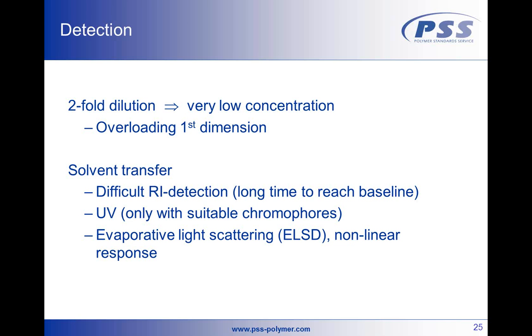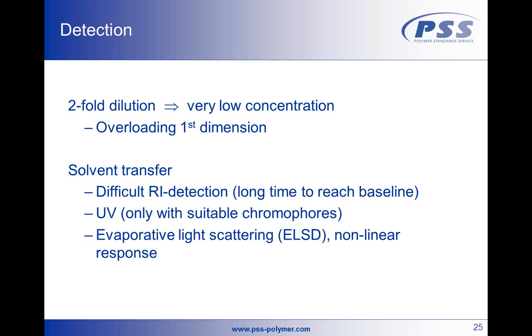And another point is solvent transfer. Regarding useful detection, it is very difficult to use, for example, an RI detector in the second dimension, although this is a typical detector that you use in size exclusion chromatography. The reason is that when you inject the sample in your first dimension solvent, you have basically 99.9% of solvent that you transfer into the second dimension and 0.1% of sample.